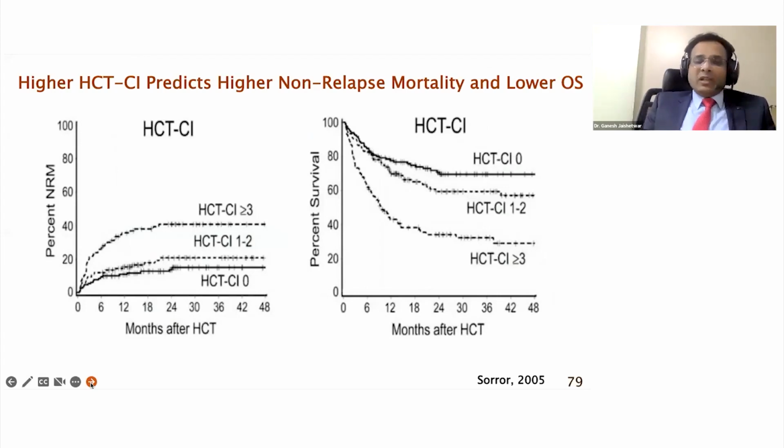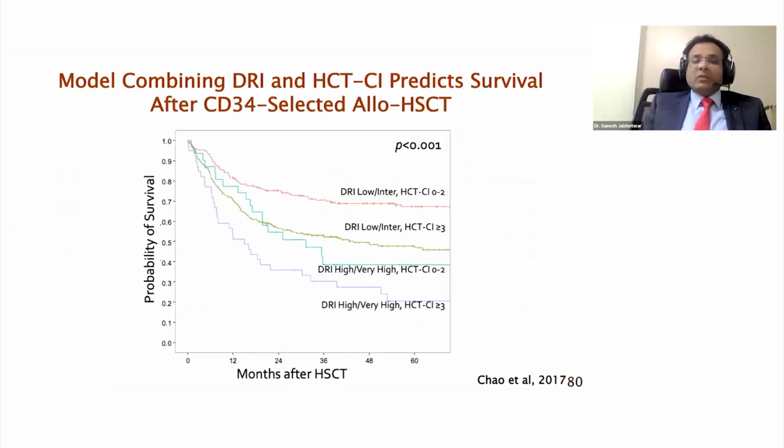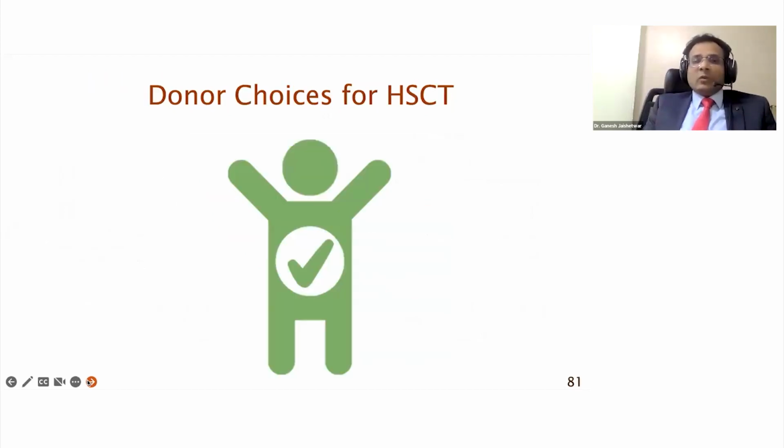So when the NRM exceeds 20%, you should try to defer the transplant or think of alternatives. So again, the long-term survival you can see for an HCT-CI score more than 3 is less than 30%. So that's how you devise the risk and you select the patient. So again, combining the disease risk as well as the HCT-CI score, you can see both put together refines the risk stratification of patients undergoing hematopoietic stem cell transplant.